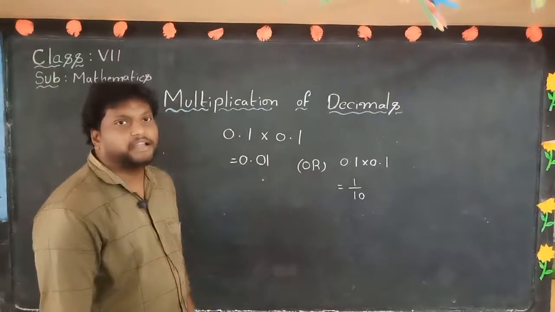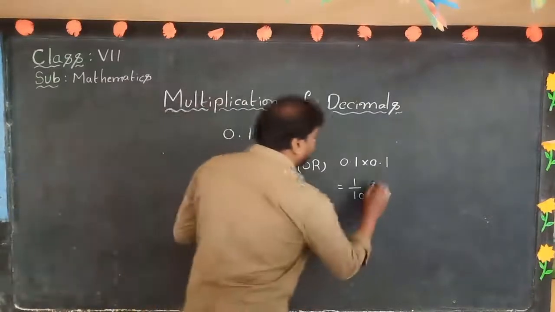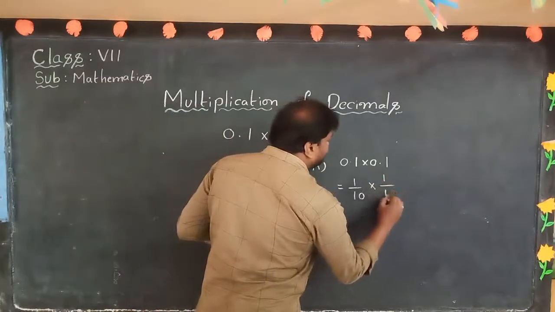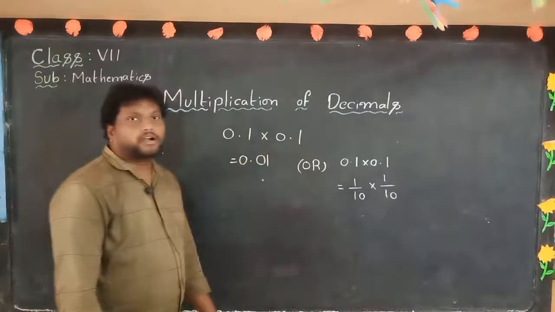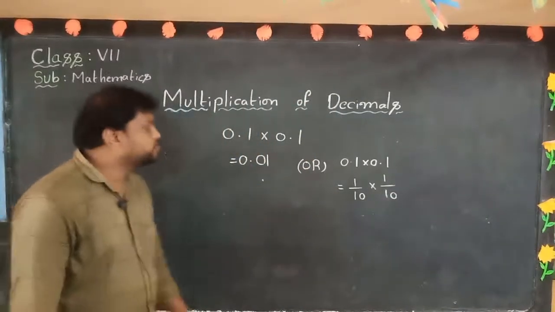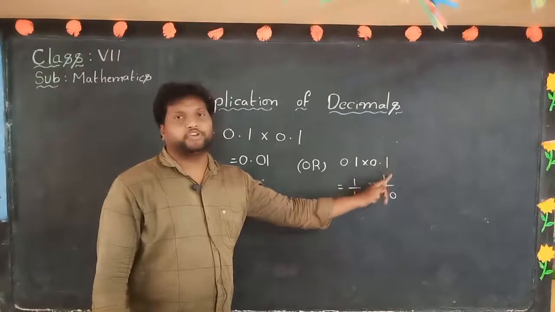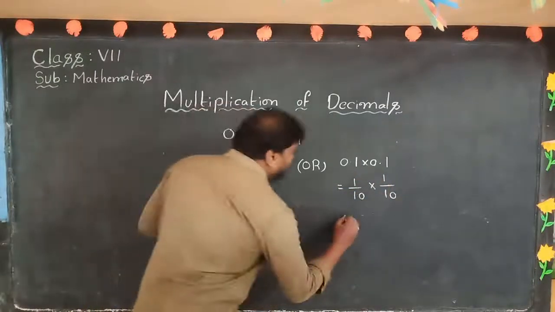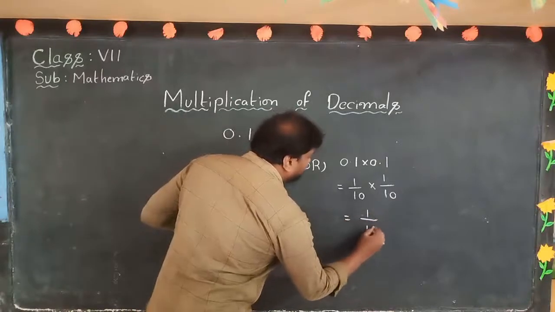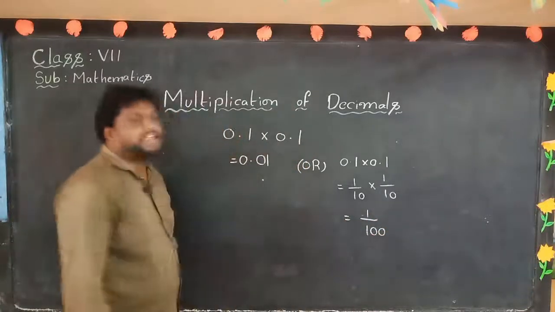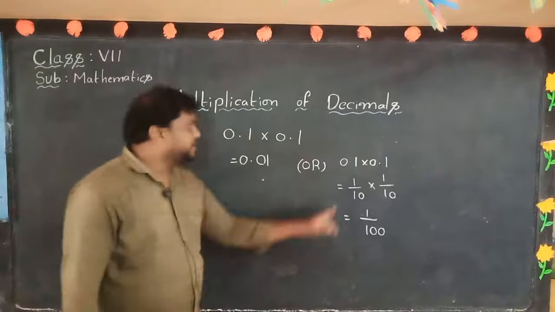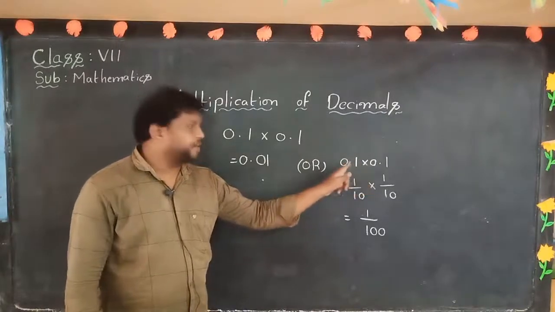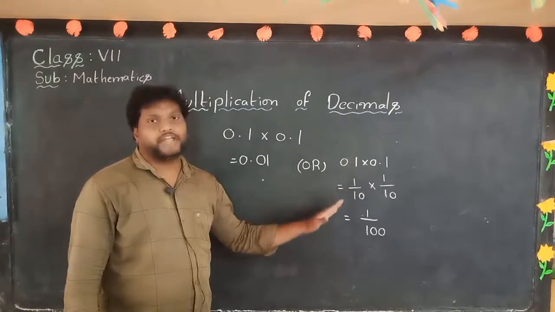Again 0.1 is nothing but 1 by 10. Now according to the rule of multiplication of fractions, multiply numerator with numerator and denominator with denominator. 1 1s are 1, 10 10s are 100, means 1 by 100.